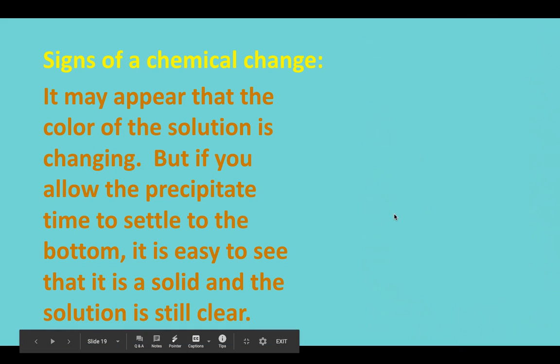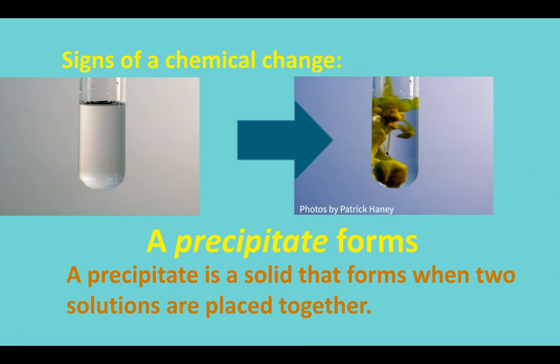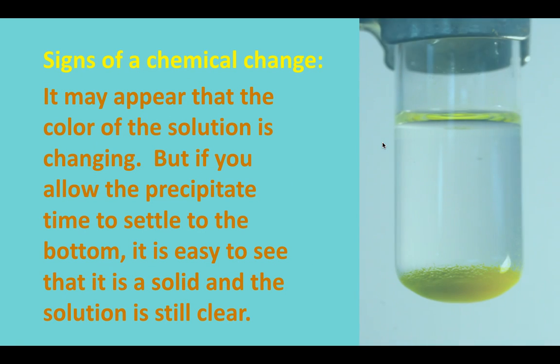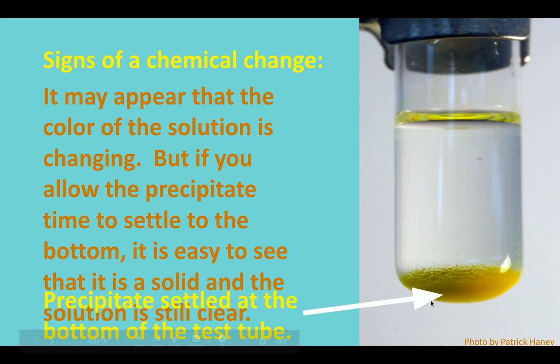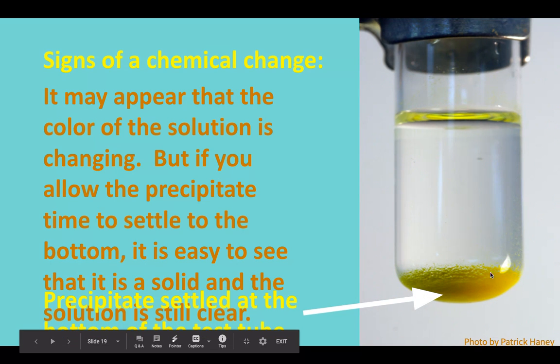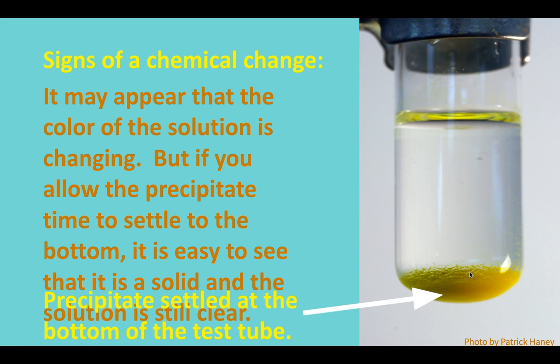So if you give it enough time to go from this where it's mixing all the way until it kind of just settles, you'll see that there are all these solid particles that have now settled at the bottom. We didn't put a solid into this liquid. We mixed two liquids and we ended up with a solid.